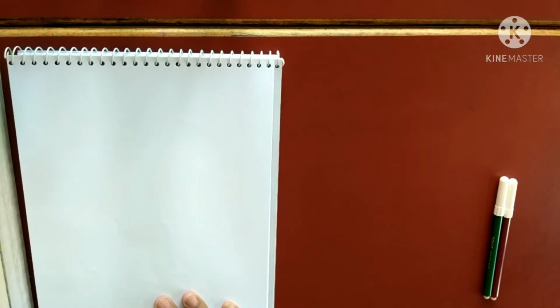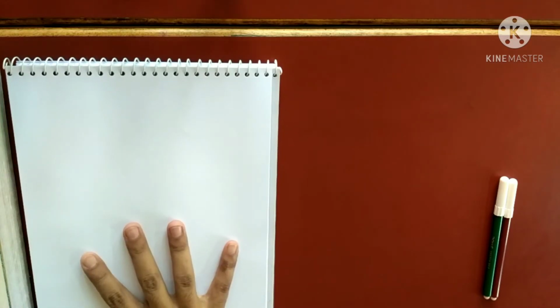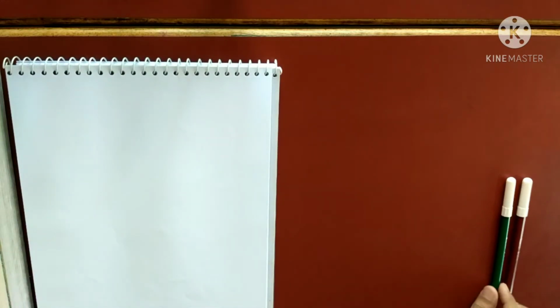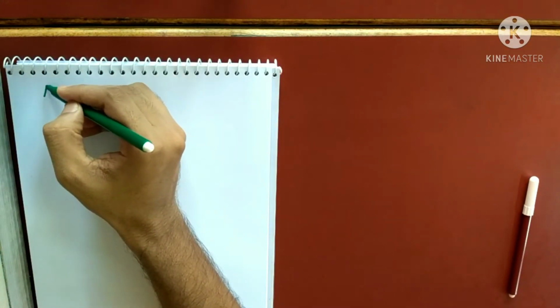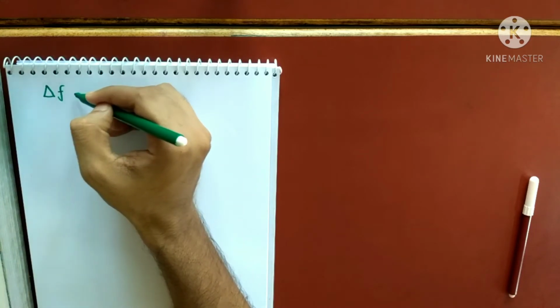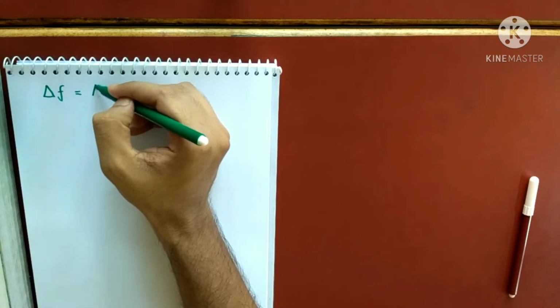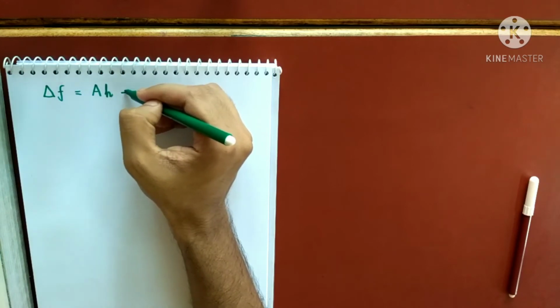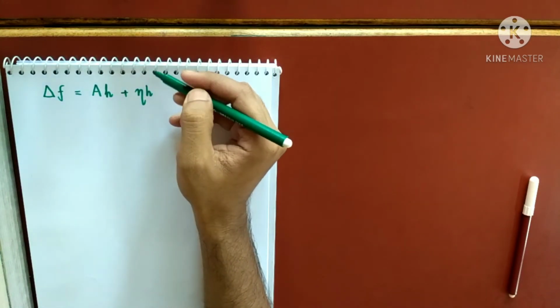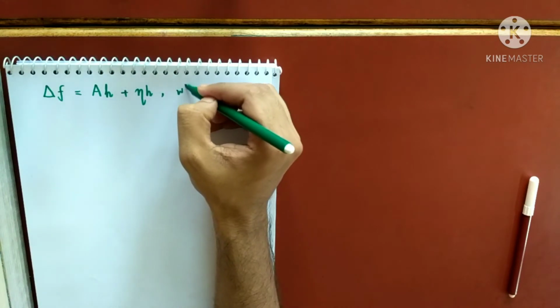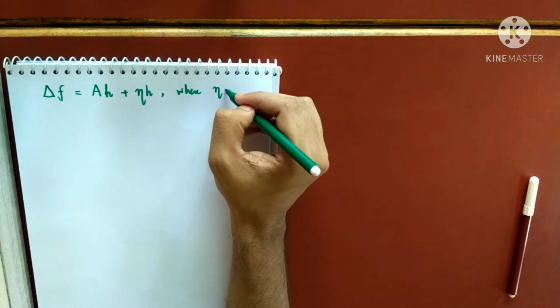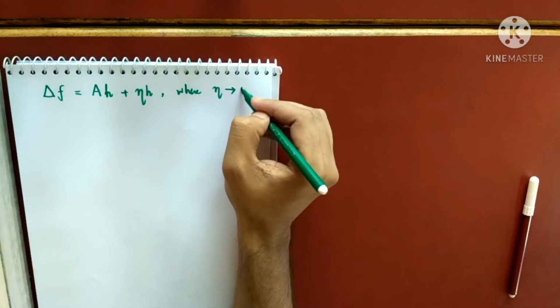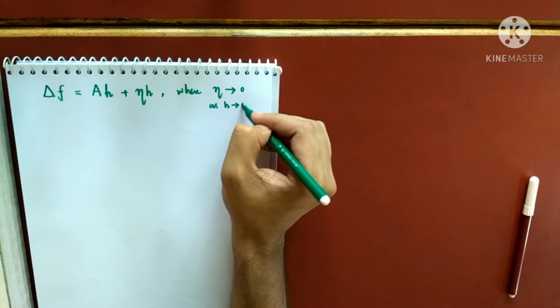Okay, so in the last class, we saw the notion of differentiability for the function of a single variable, right? What we saw is that the increment in the function can always be written as some constant times h plus eta h, where eta goes to 0 as h tends to 0.